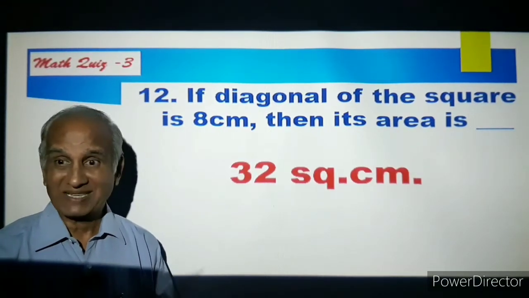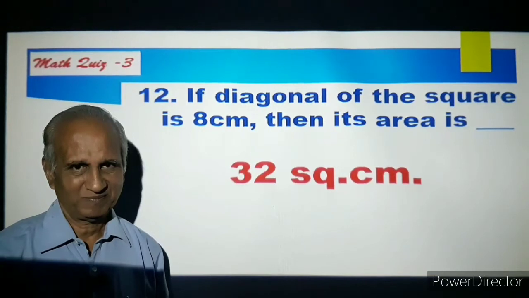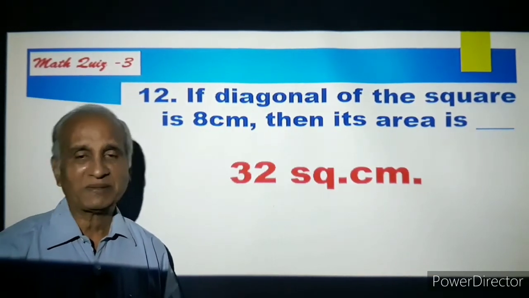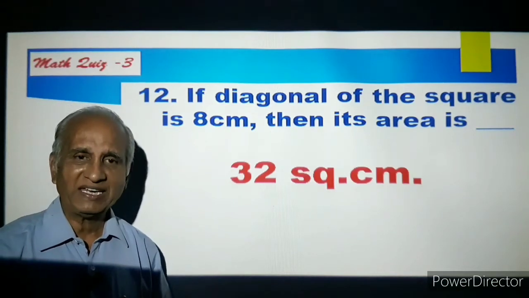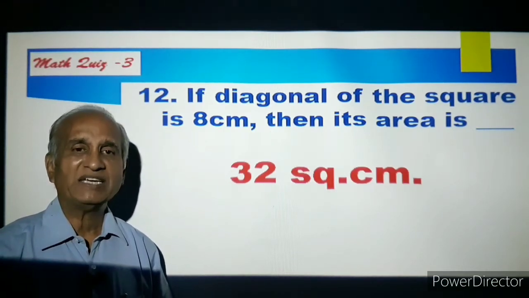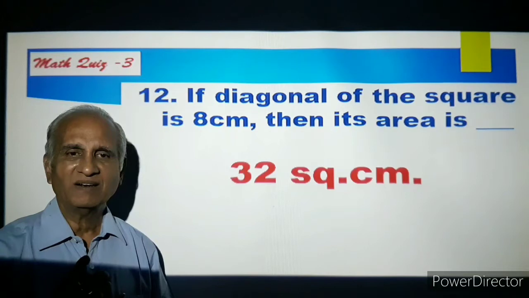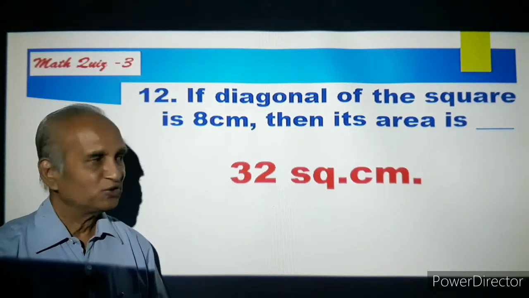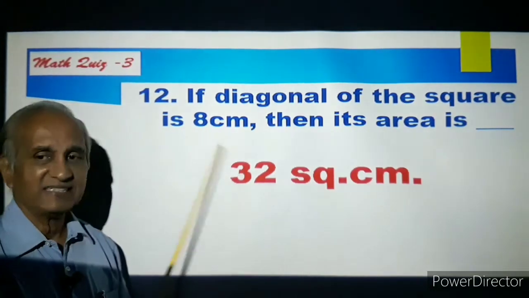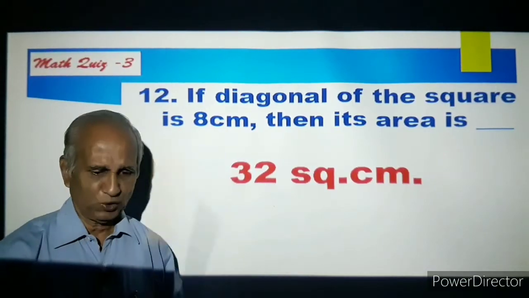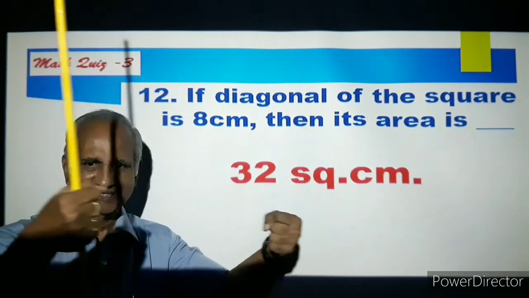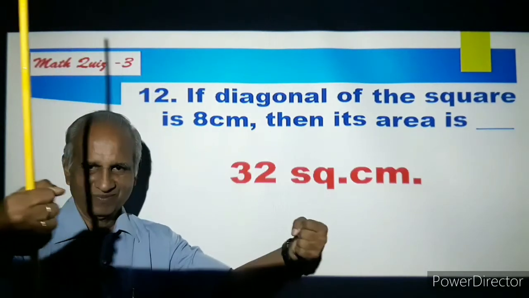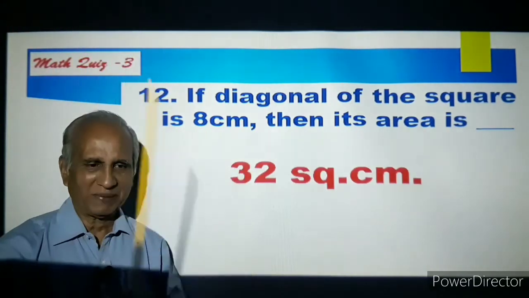But all rhombuses need not be squares. All squares are rhombuses. In a rhombus, how do you find out the area? If you know the diagonals, multiply, divide by 2. So the diagonal here is 8 centimeters. The rhombus goes like this. If you hold a square and press on either sides, you get a rhombus.